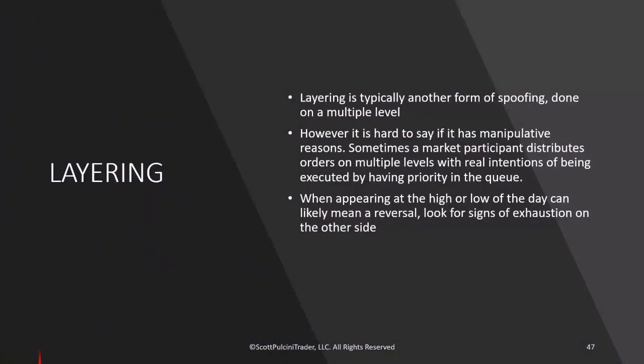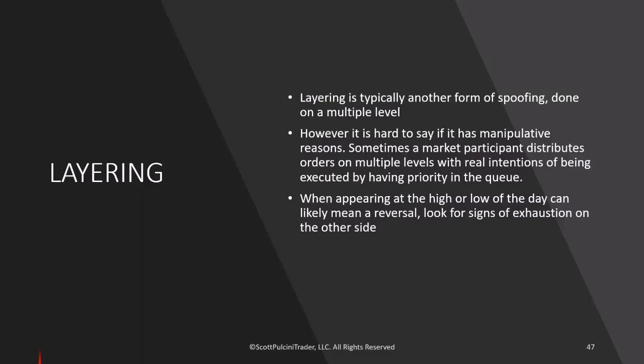So layering is usually another form of spoofing, but simply done on multiple levels. It is hard to say if it has manipulative reasons, because sometimes market participants also distribute orders on multiple levels with real intention of being executed by having priority in the queue.